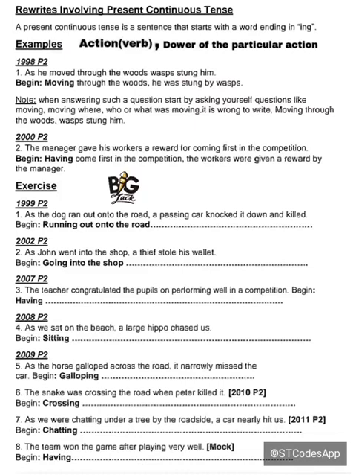Okay, an example which came in 1998, it was saying, as he moved through the woods, wasps stung him. Now you need to ask yourself, who was moving here? Who was moving through the woods?